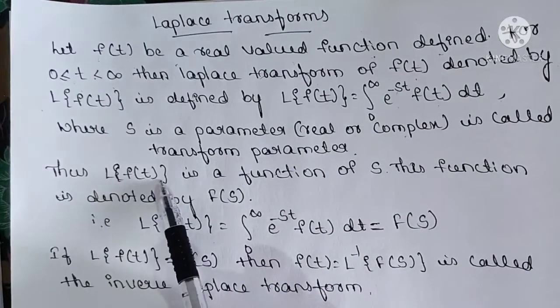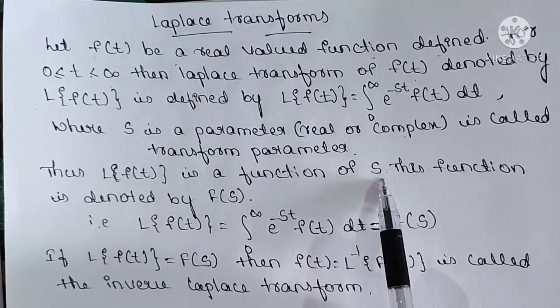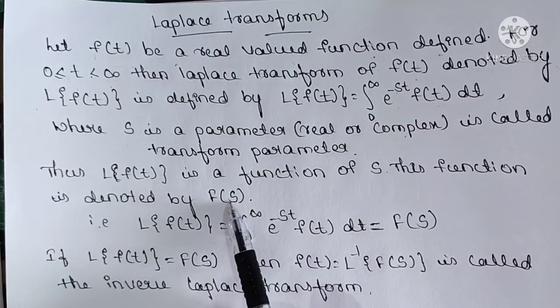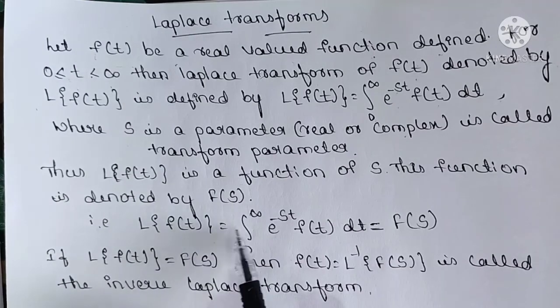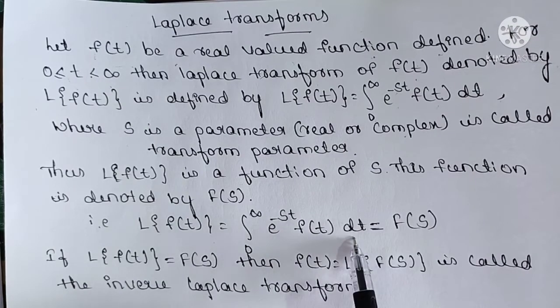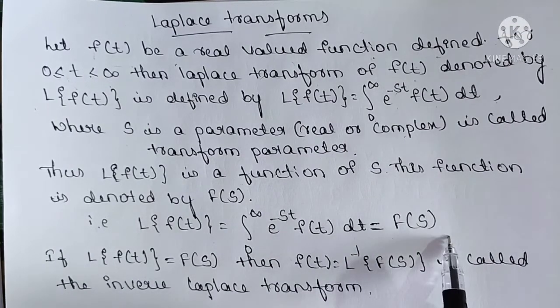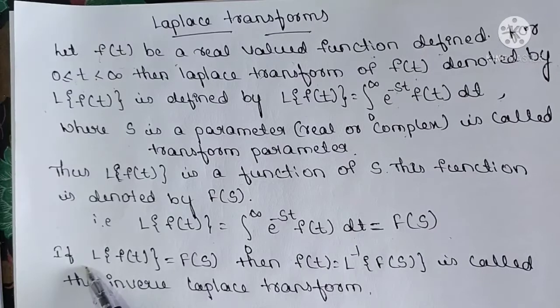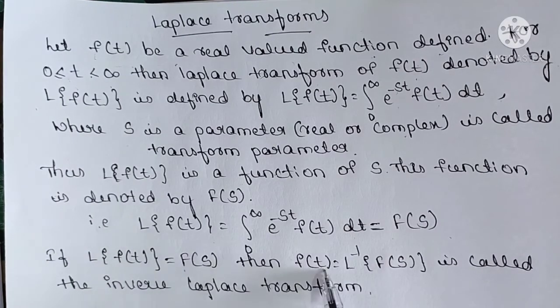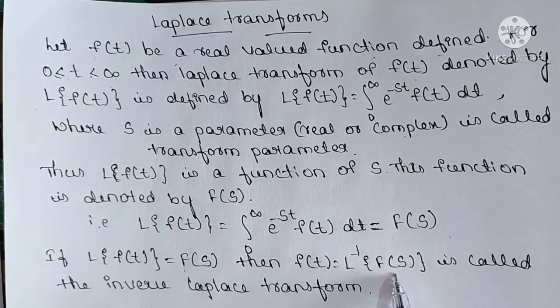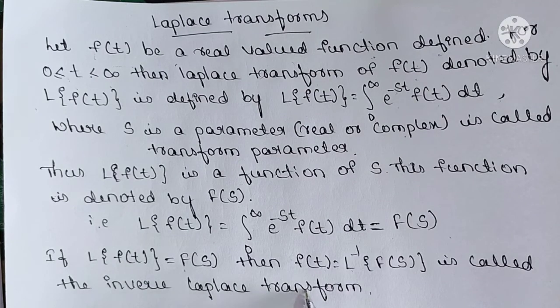Thus, L of f of t is a function of s. This function is denoted by F of s. That is, L of f of t equals the integral from 0 to infinity of e power minus st f of t dt, equals F of s. Here, if L of f of t is equal to F of s, then f of t is equal to L inverse of F of s. This we call the inverse Laplace transformation.